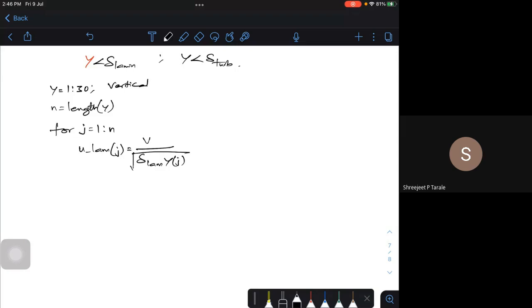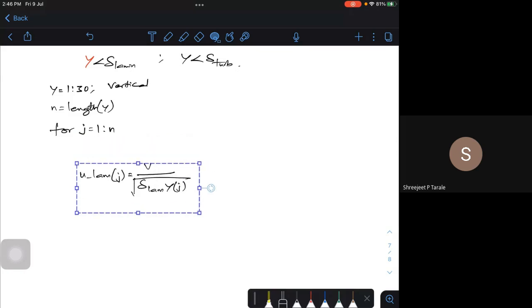For a turbulent condition, whatever I am going to get will be your u or v. If this calculation is not laminar, I need to put an if condition here.